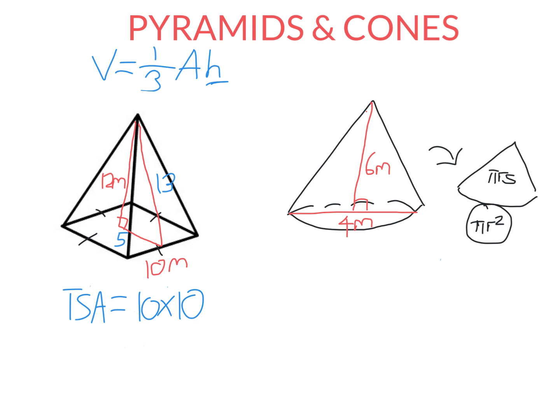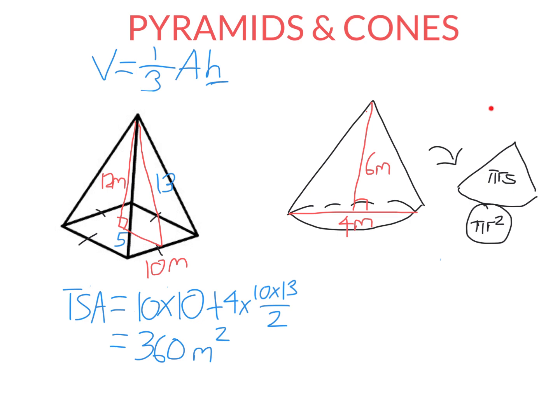Because this is a square, each of the 4 triangles will have the same area. So the total surface area is area of the square at the bottom, plus there are 4 triangles. Each will have area base times perpendicular height over 2. So putting that in our calculator, it will be 360 meters squared.